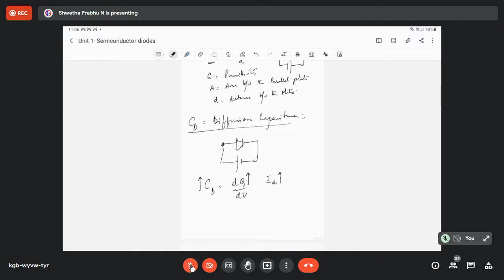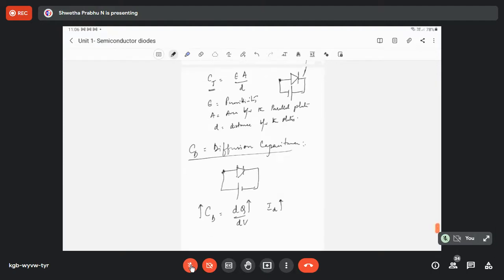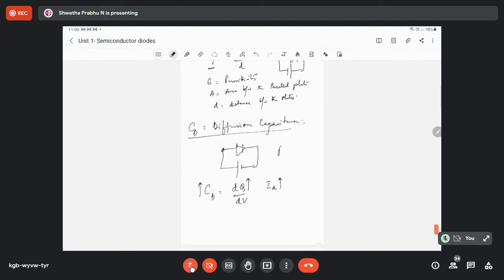So diffusion capacitance occurs at the junction of a forward bias diode. This is one fundamental you have to note: transition capacitance occurs at reverse bias, whereas diffusion capacitance occurs with forward bias.